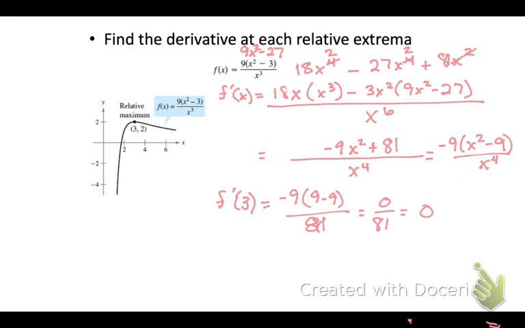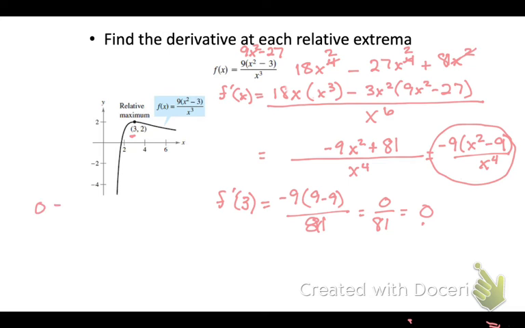So, I just proved to myself that the derivative at the extrema, when I plug in the x value, I get 0. So, here's my question. Here's my derivative, yes? What if I set that equal to 0? Won't it give me the x value then? I would think so.